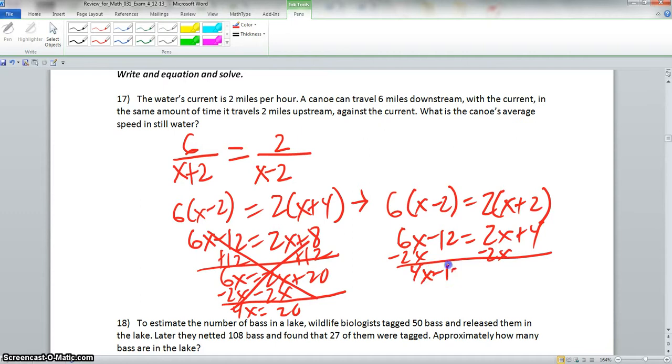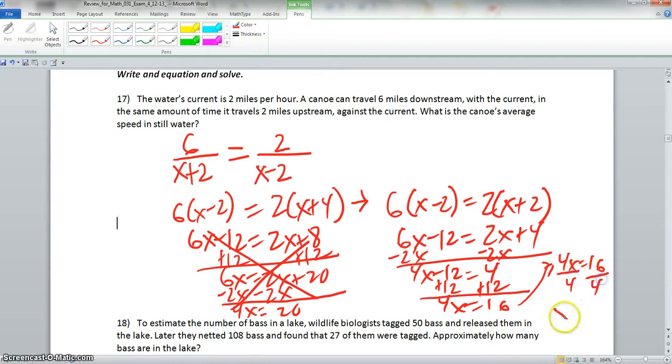We have 4x minus 12 is equal to 4. Add 12 on both sides. And 4x is equal to 16. Now, we would take 4x equals 16, divide each side by 4, and x is equal to 4. So our final answer is 4 miles.